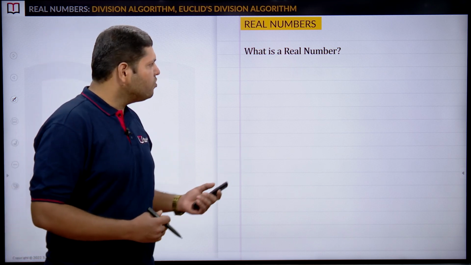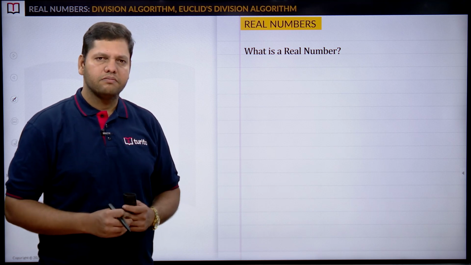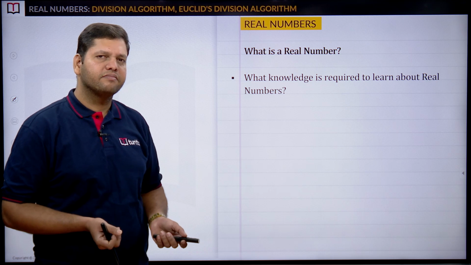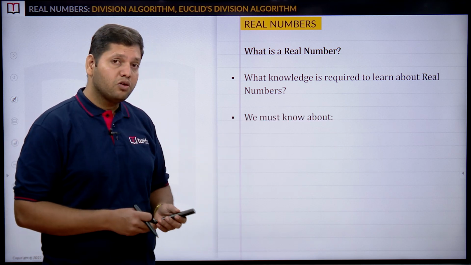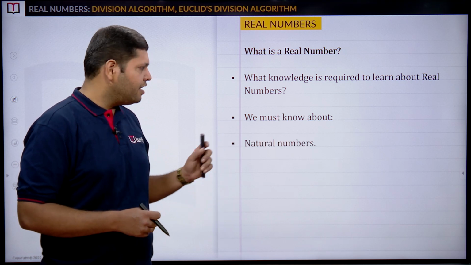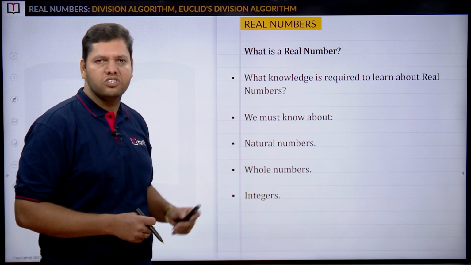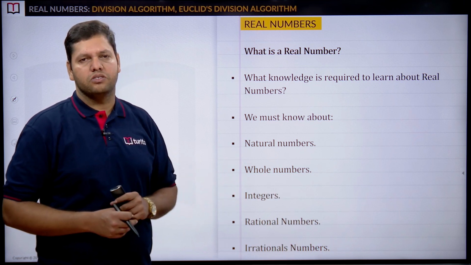Okay. Before learning about real numbers, do we need to have knowledge of anything, children? Tell me, what knowledge should we have first? We should know about natural numbers, whole numbers, integers, rational numbers and irrational numbers.